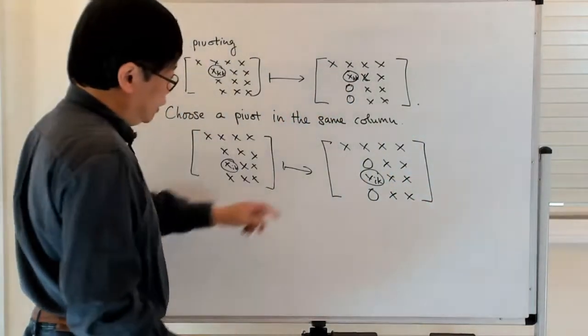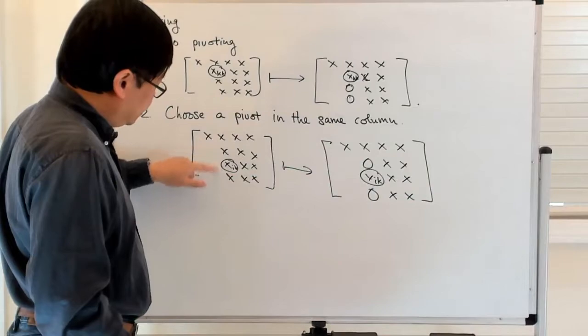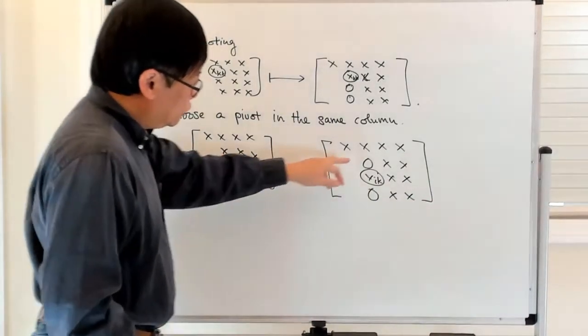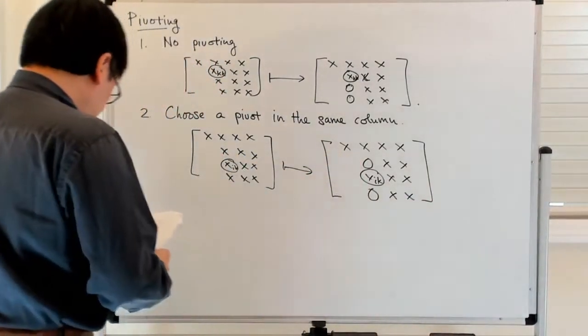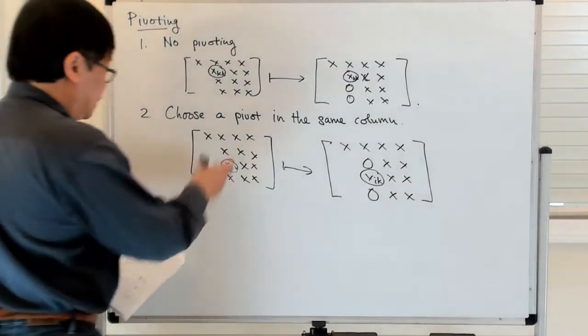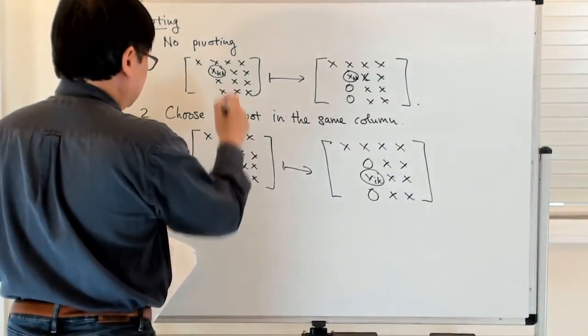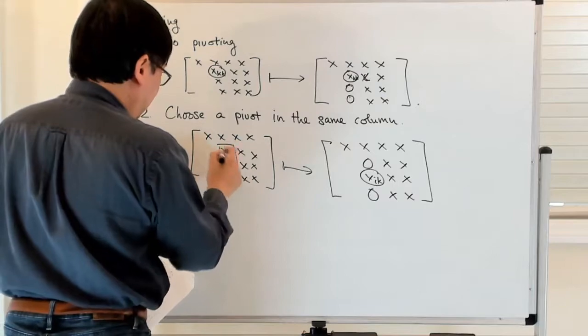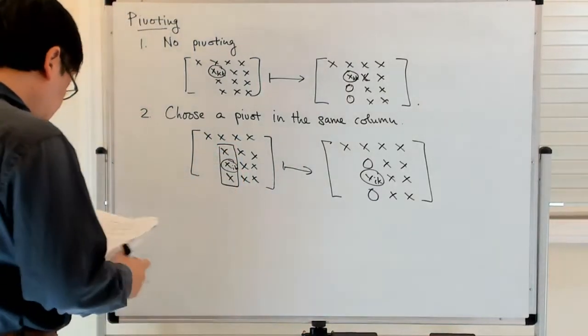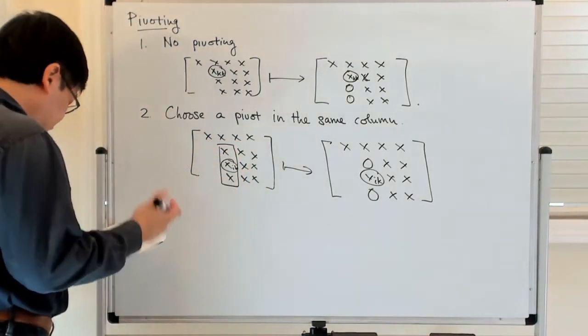Again, you would add some multiple of this equation to these other two equations so as to zero out those entries. So that's pivoting in the same column. You look at this entire column and try to see which is the best pivot in some sense.